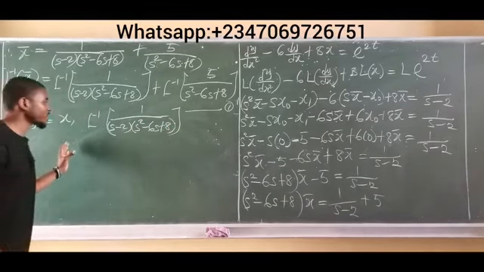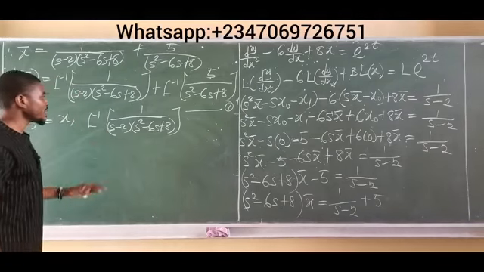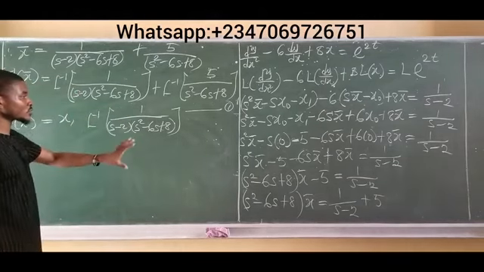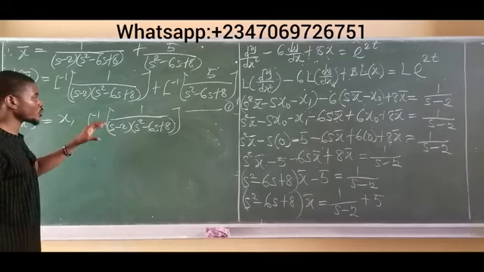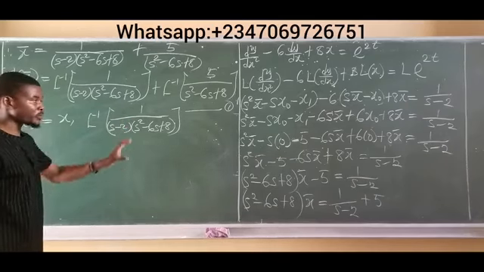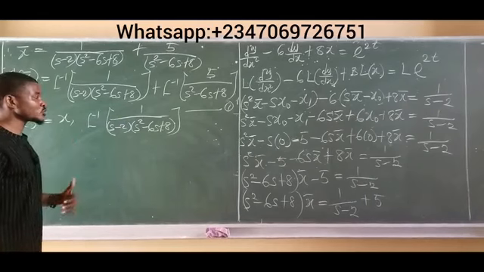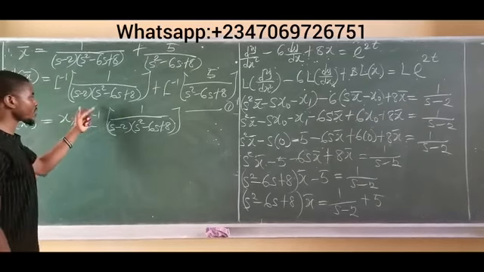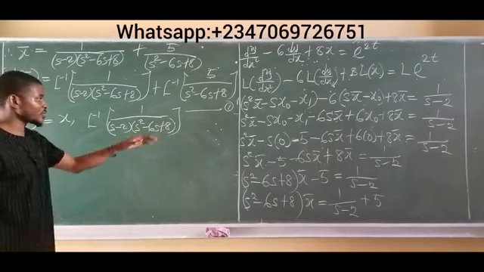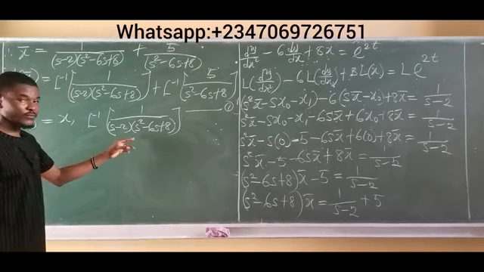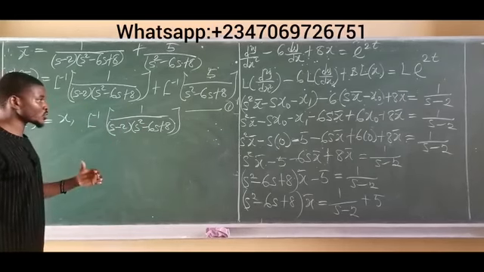Alright, so before looking for the Laplace inverse of this function, let us first of all solve for this function. Since this is a compound fraction, then we have to first of all use the method of partial fraction to break this compound fraction into two simple fractions before we can use the Laplace inverse theorem to solve. Because at this point, you cannot solve the Laplace inverse of this function. So the very first thing to do is to what?